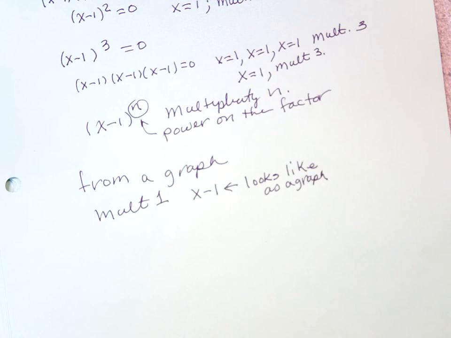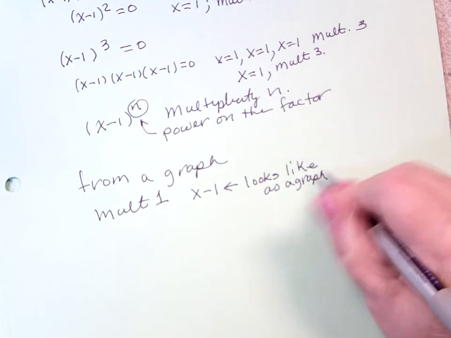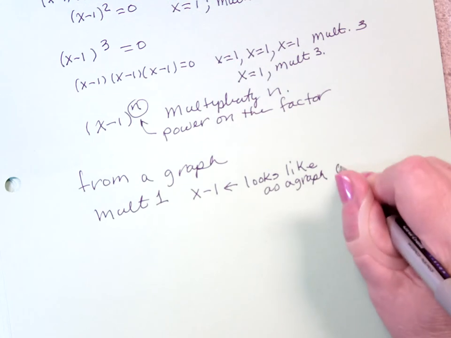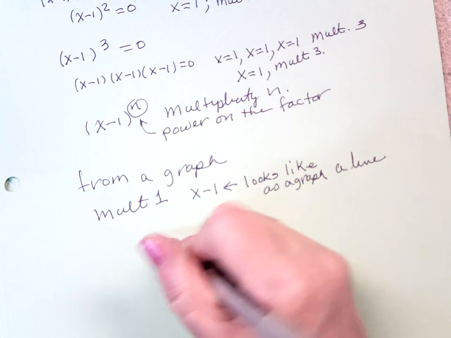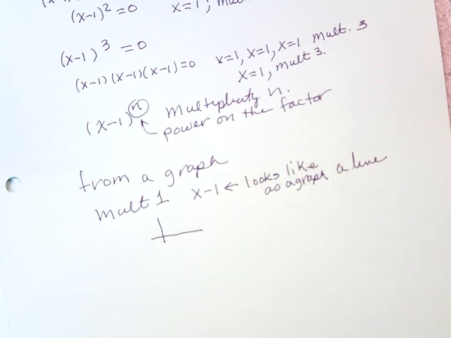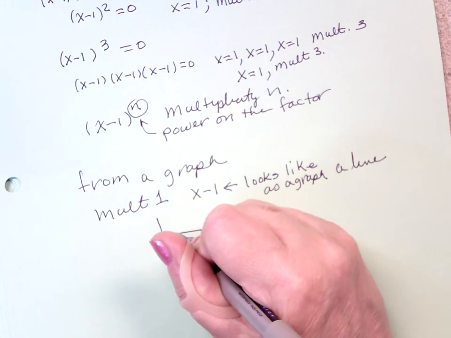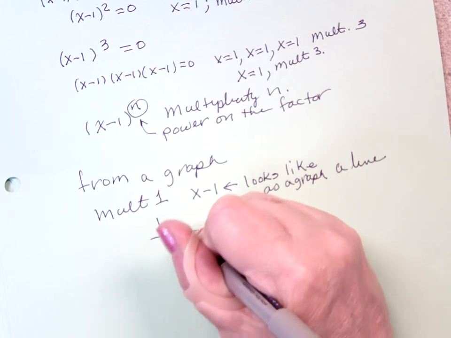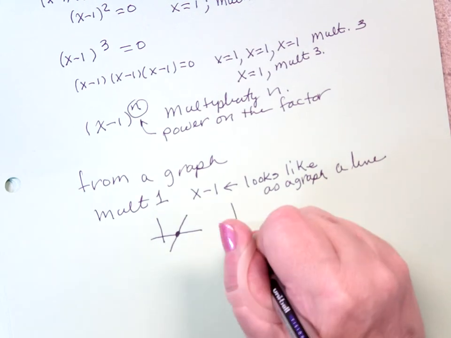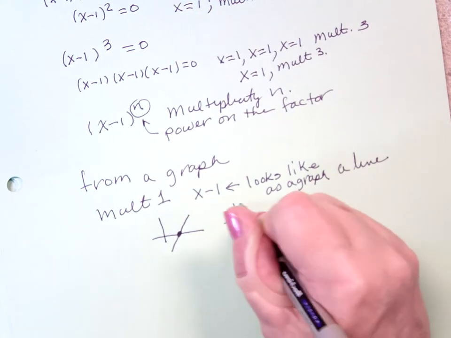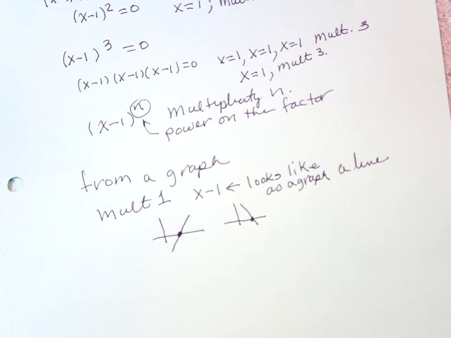Y equal x minus 1 is a line. So that means that if I were to graph anything of multiplicity 1, it cuts the axis and looks like a line. It could be this way or it could be that way. But it looks like a line as it goes through the x-axis.